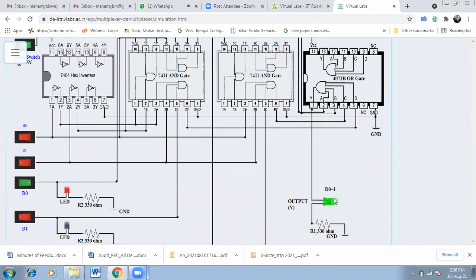It selects the input, which input among several will go to the output. As S0 and S1 are both 0 0 here, D0 input will be selected, and whatever be the data at D0 input, that will go to the output without any change. If D0 is equal to 0, output Y is equal to 0. If D0 is equal to 1, output will be 1.